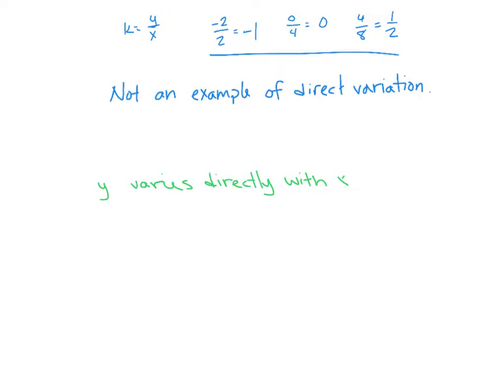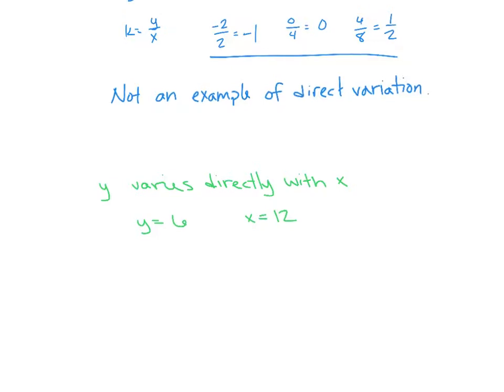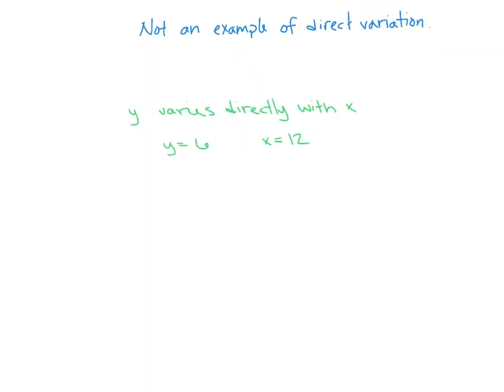And we have y equals 6 and x equals 12. So what we want to do is find the value of k, and then we're going to write an equation. All right? And have fun and all that.